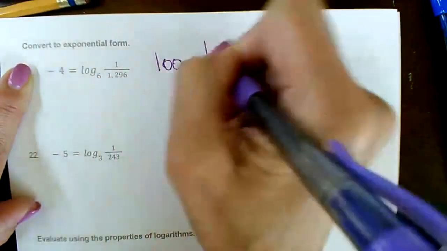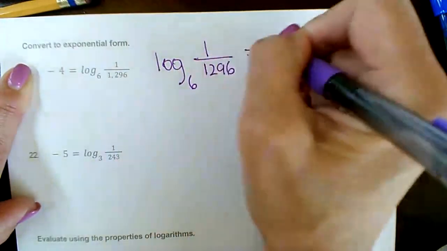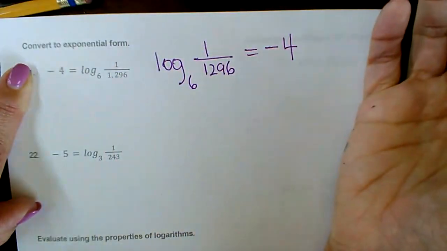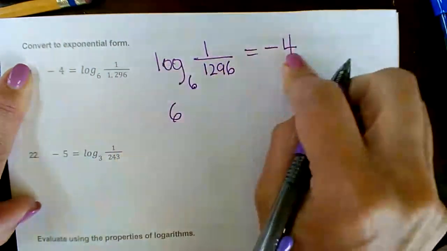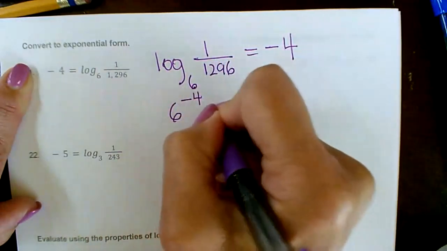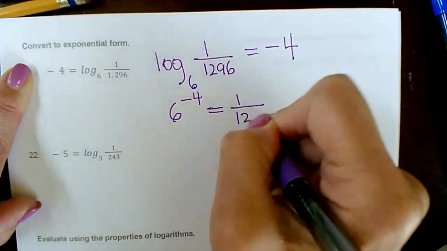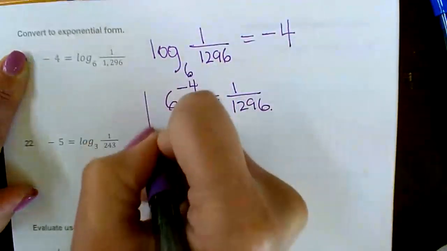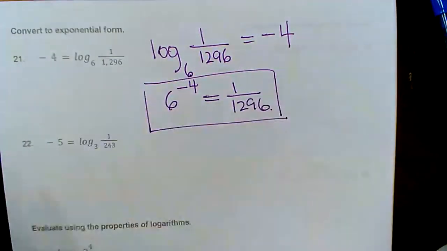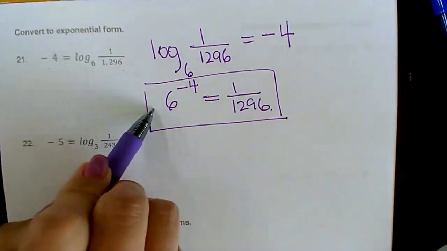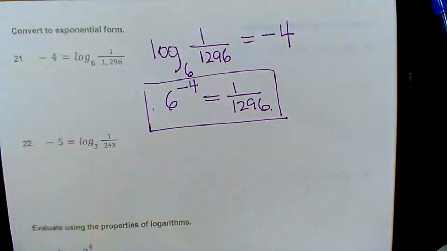Log 6, 1 over 1000 equals -4. So here's the base, which is 6. The exponent is going to be the answer, equals 1 over. That's it. That's all they're asking you to do. You could just, from here, get to here. You don't have to do what I did here. But it was just to flip it. That's it. That's all they're asking us there.